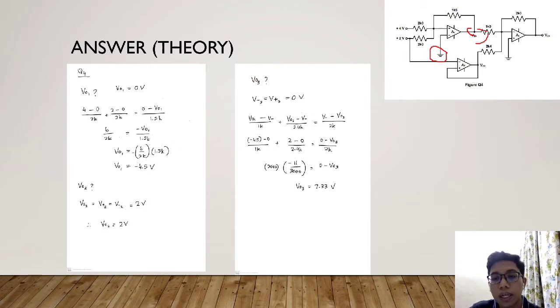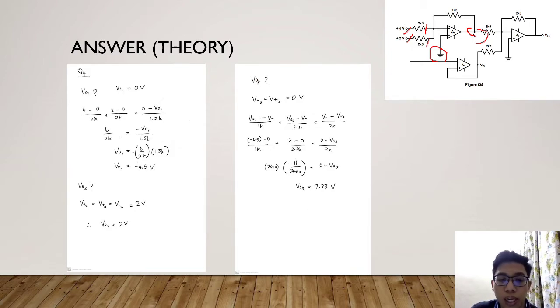But in the current inside it, as you can see here, there are 2 resistors and 2 voltage supplies. Therefore we have to add up both current values to get the total current in.